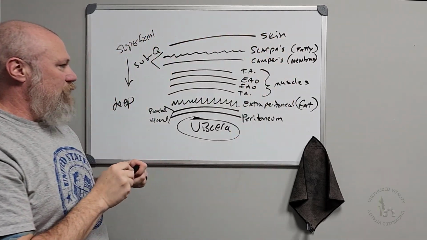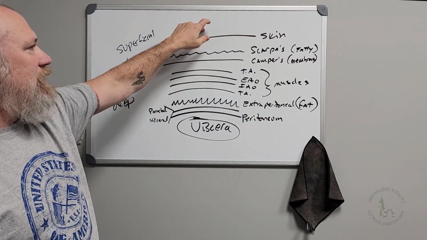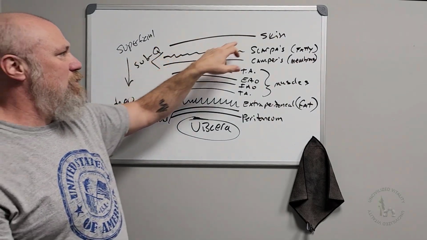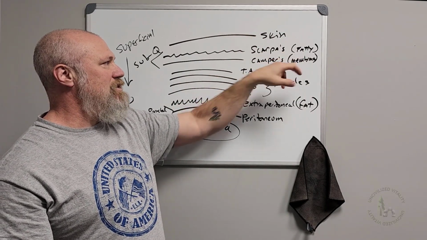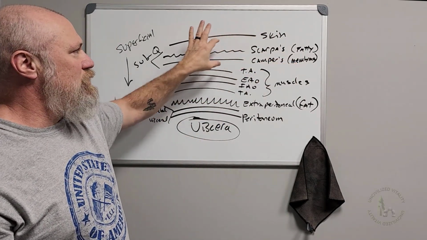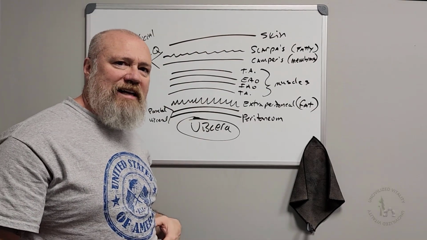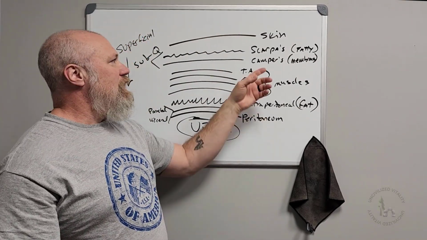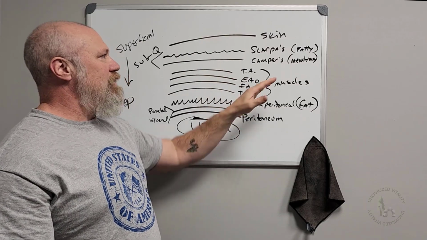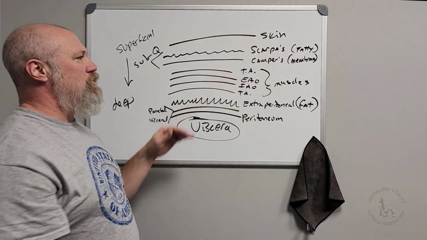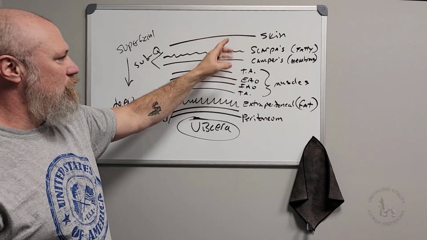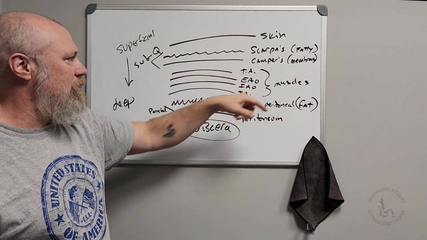Right? So you get from superficial to deep skin, then you're going to get your subcutaneous tissue made up of the fatty layer, and then deep to that is the membranous layer. That's your subcutaneous. That's where you store a lot of your fat, right below the skin. It's metabolically very active. It's super helpful to have it there for lots of reasons. Then you go down deep, you go through your muscle, depending on where your section is, you get through all 4 or just 3 of the muscular layers.